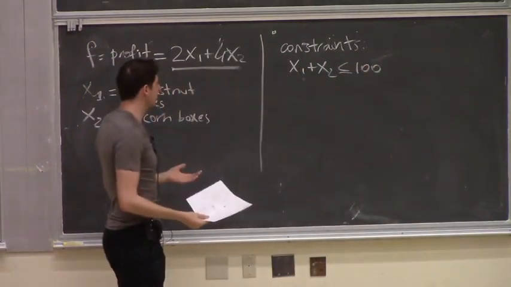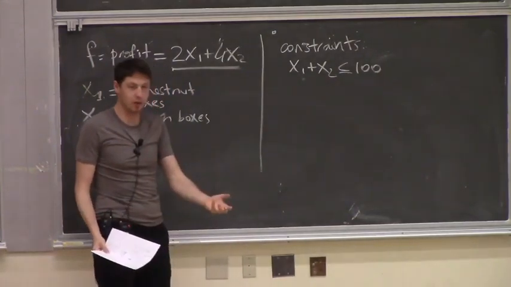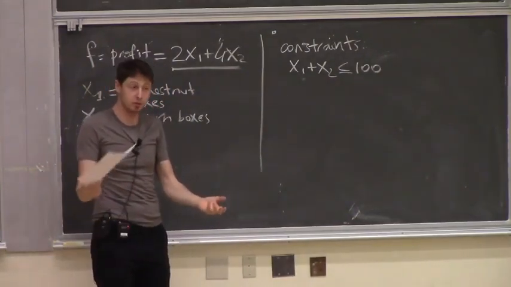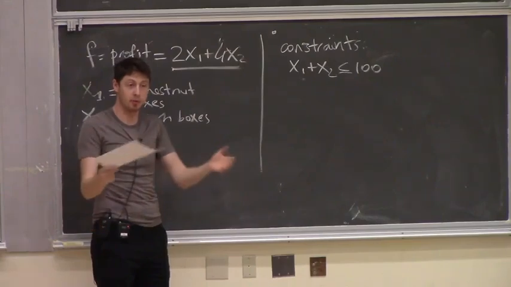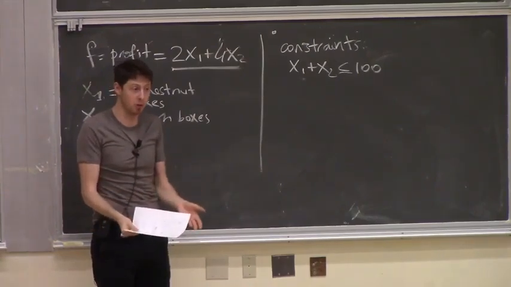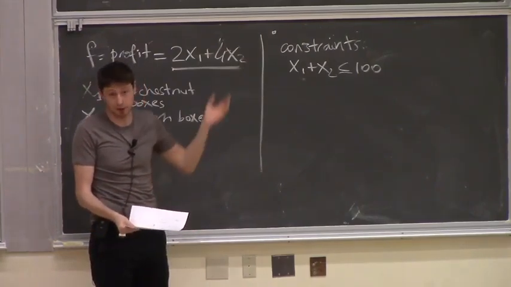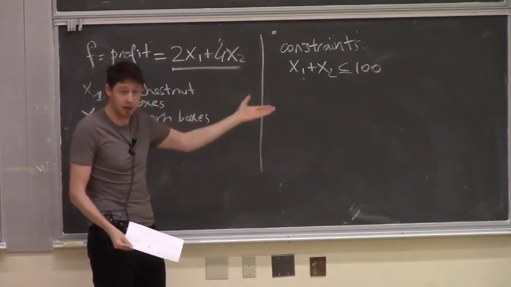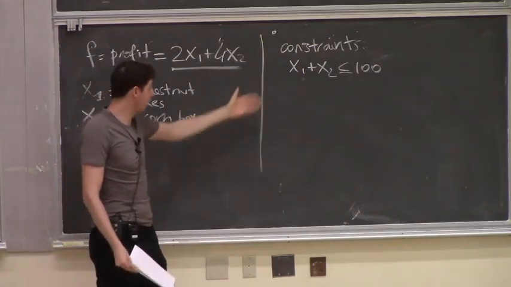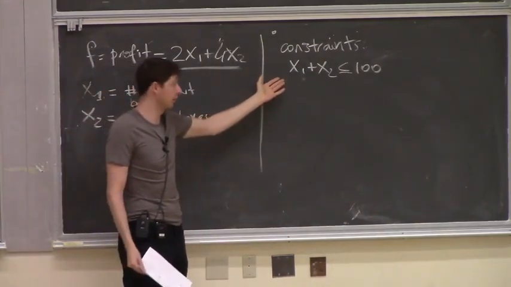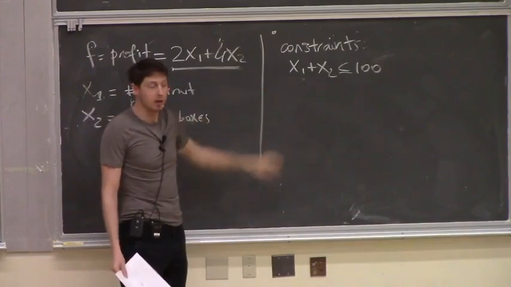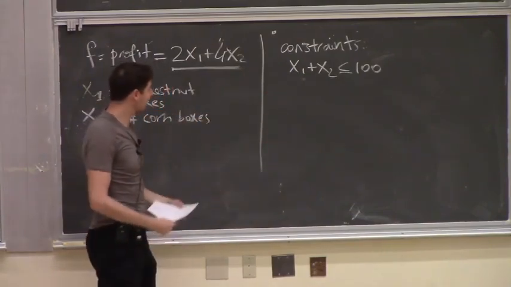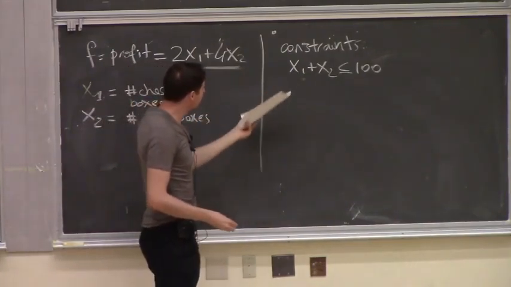Well, because if I choose to pick x1 boxes of chestnuts and x2 boxes of corn, and I put them inside the cart, and each of them occupies 1 unit of volume, we have assumed that, then I can put at most 100. Okay? We should verify that this is a linear constraint. It is. Okay, good.